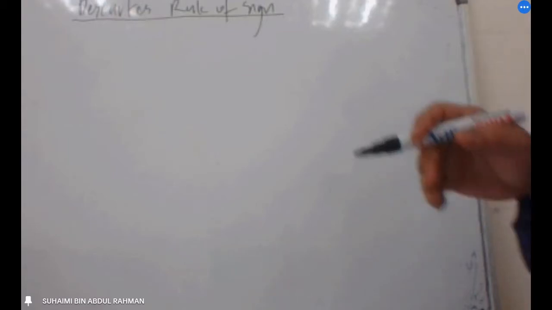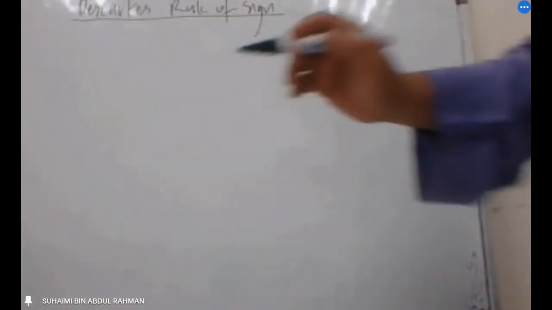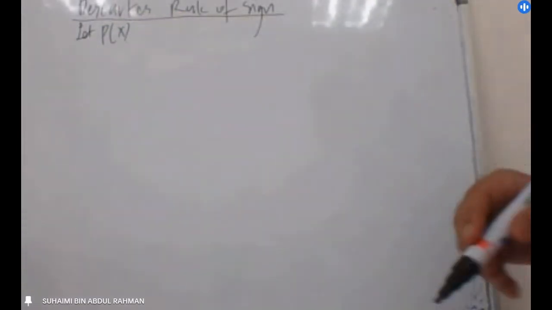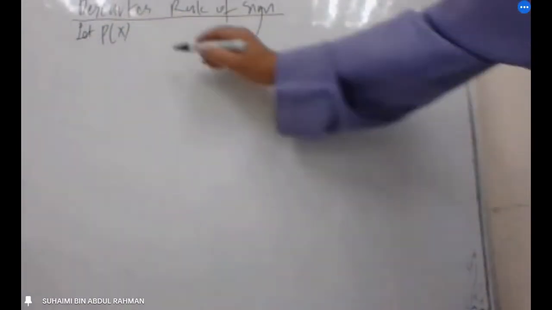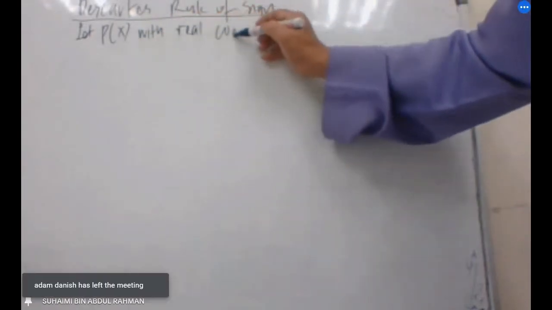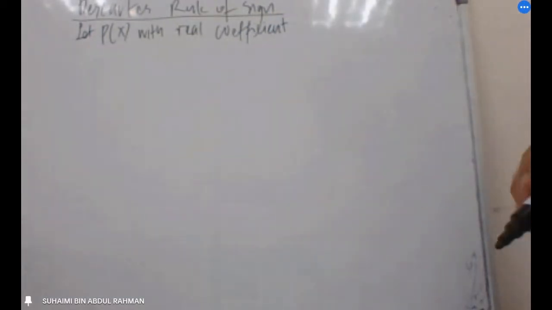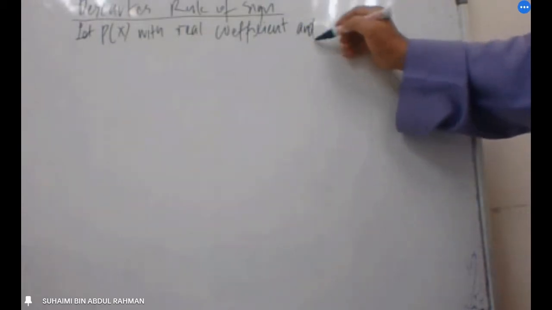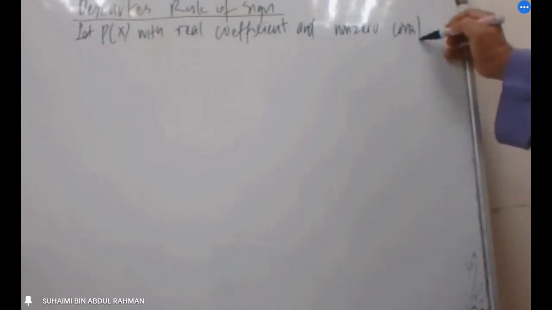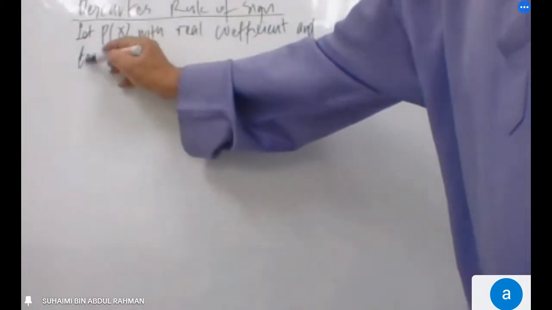Descartes' rule of signs says: let P(x) be a polynomial with real coefficients and a non-zero constant term.